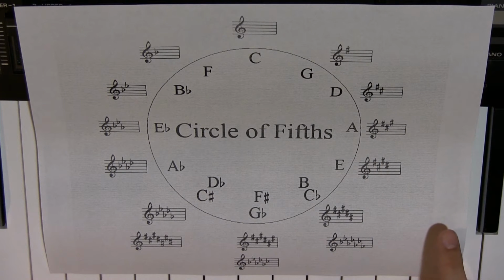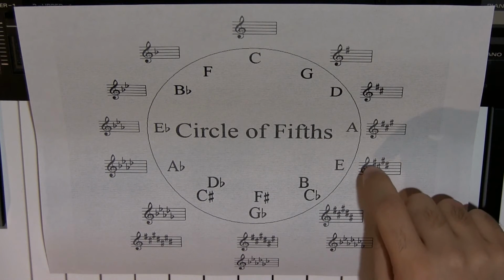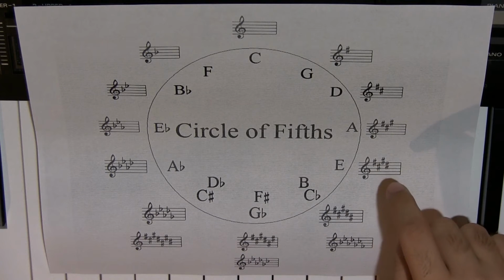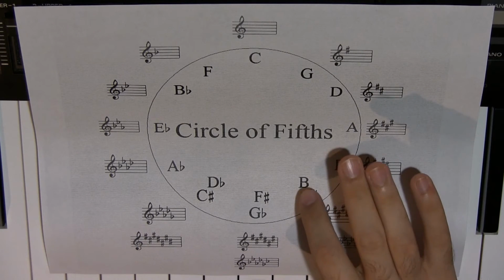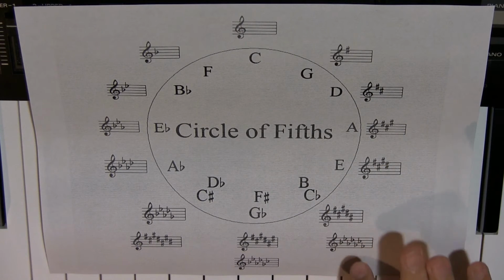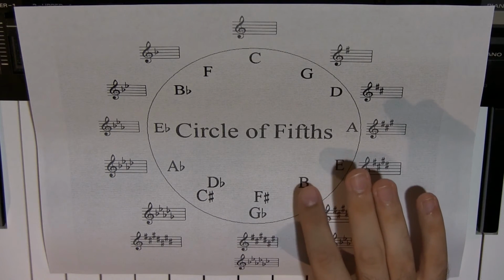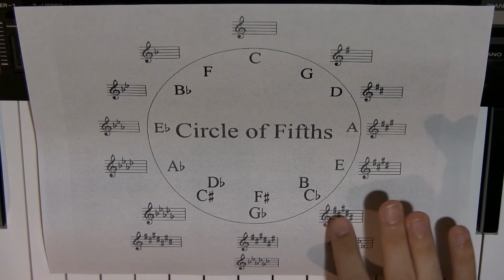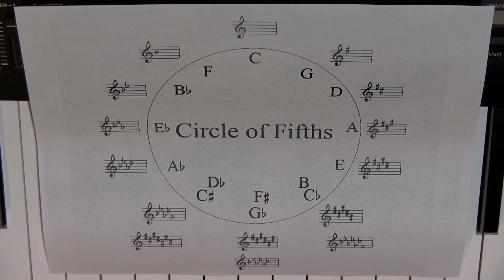Now we're going to do 3 more today. Here we have the key of E down here, which has 4 sharps, F sharp, C sharp, G sharp, and D sharp. Now here you notice this looks a little funny. We have 2 letters here and 2 key signatures here. Well, the innermost letter corresponds to the innermost key signature, and the outermost one corresponds to the outermost key signature.